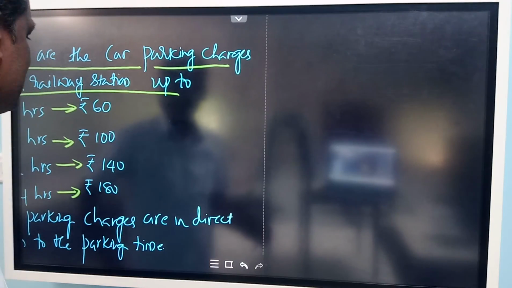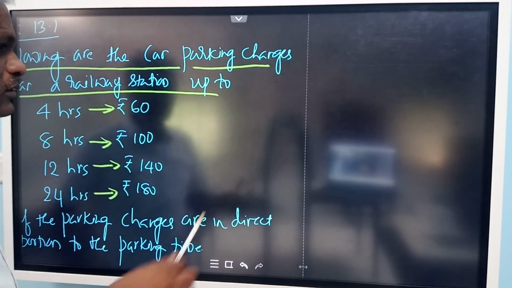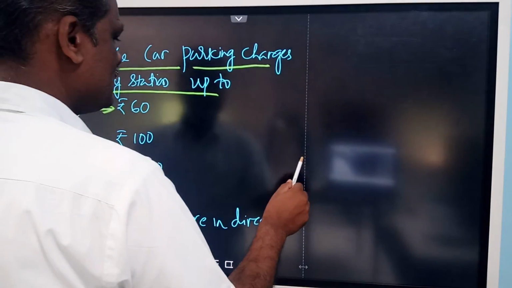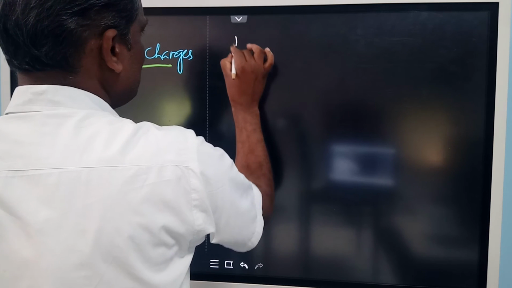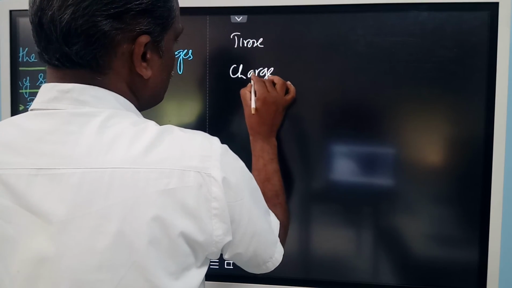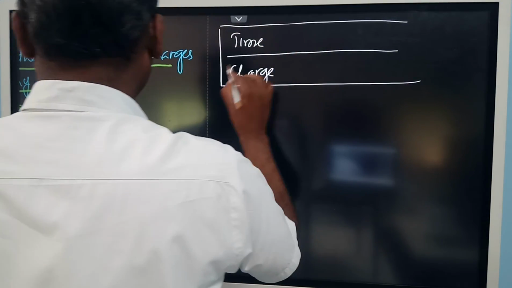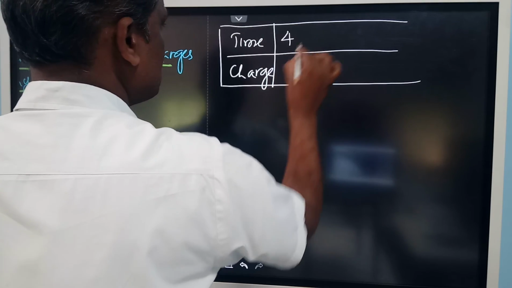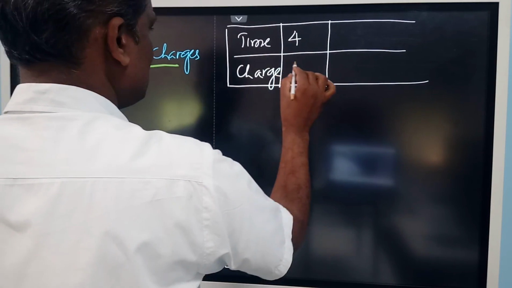So now you can check 4 hours by 60. Here you can write time and charge in 2 rows. If the time taken is 4 hours, then the charge is rupees 60.